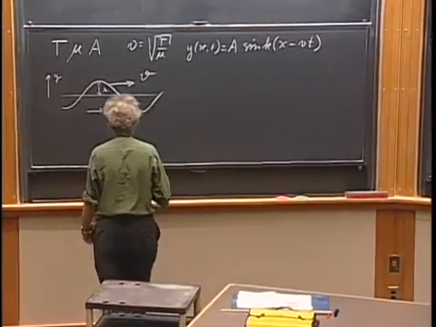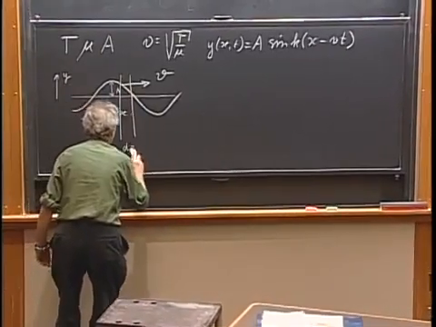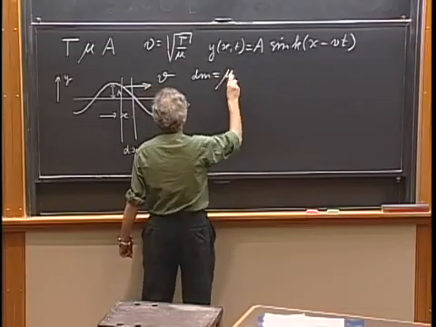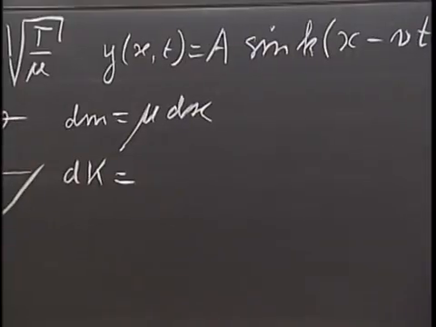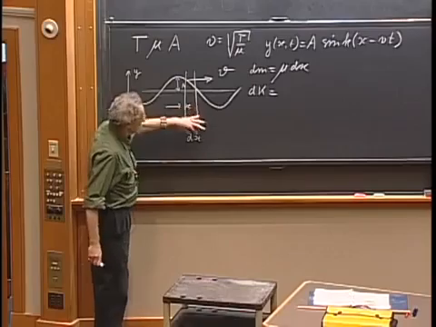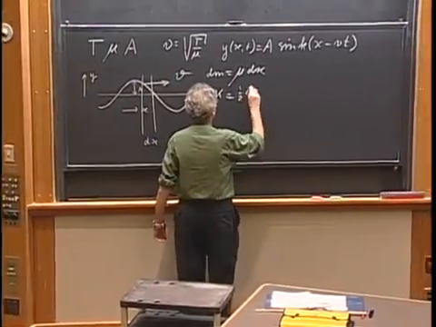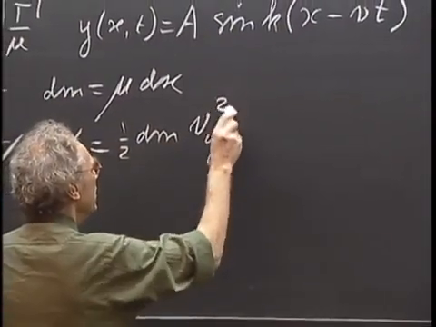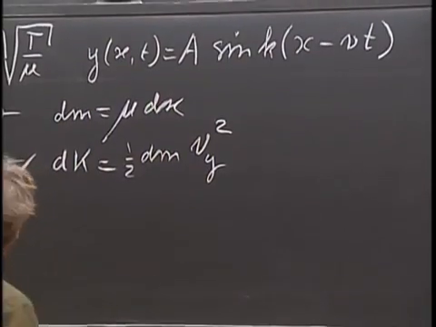I slice out here a section dx. And so the mass in that section, dm, is mu times dx. And so the little bit of kinetic energy, K stands for kinetic energy, in this small part is 1/2 times the mass, 1/2 m v squared, and v is the speed, the velocity in the y direction.